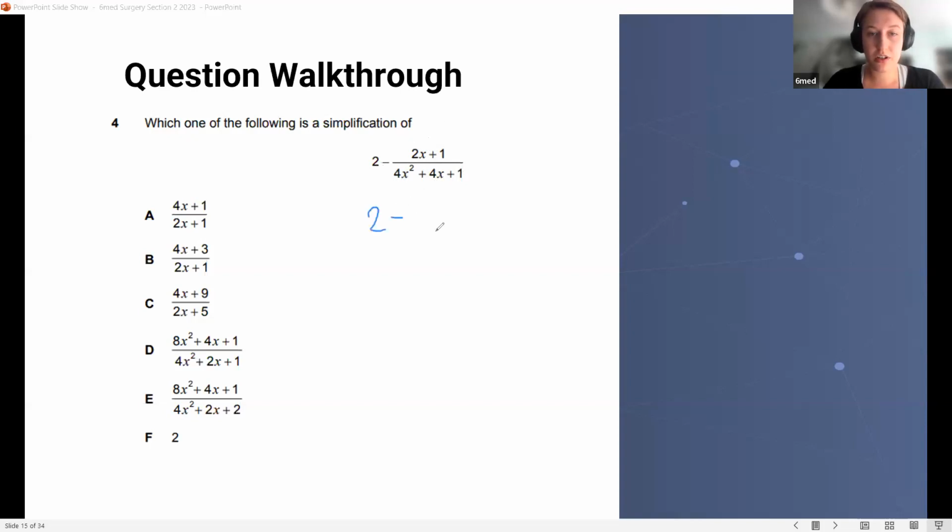So I'd factorize the bottom to 2x plus 1 times 2x plus 1. So I've just factorized this quadratic here.